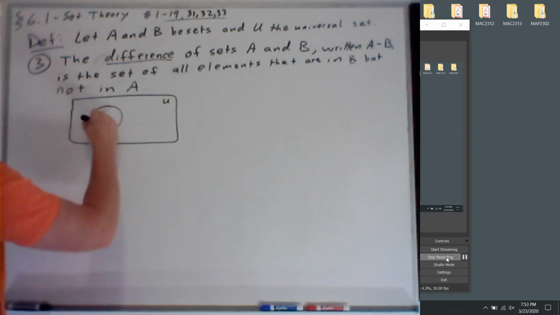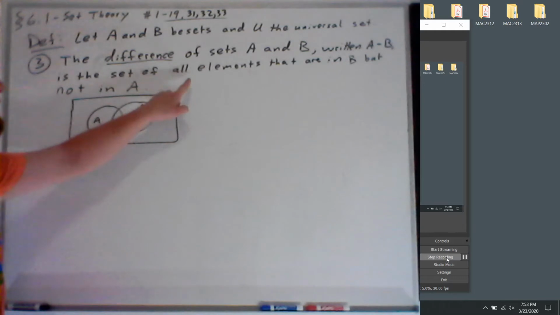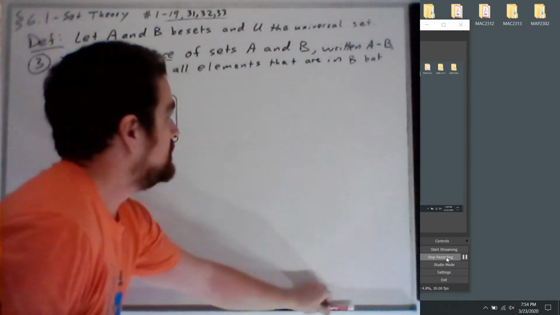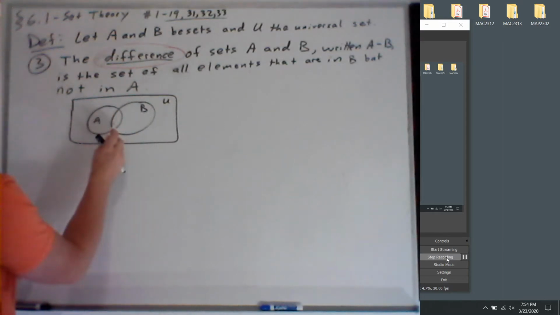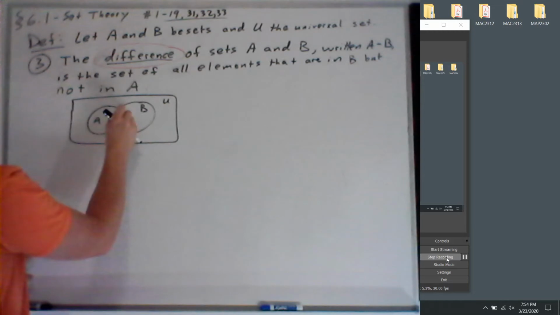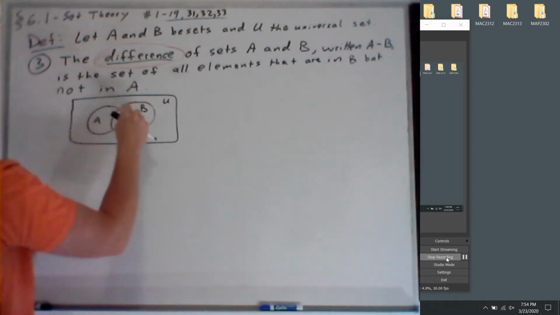Here's maybe a set A, here's maybe a set B. All the elements that are in B but are not in A, meaning I'm not allowed to use that intersection. I just want all the elements that are in B but not A. So that looks like this region right here.